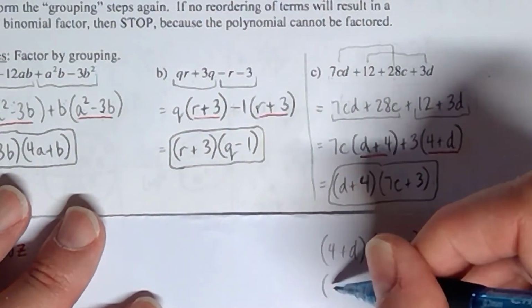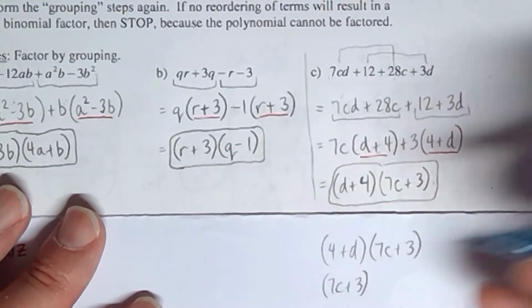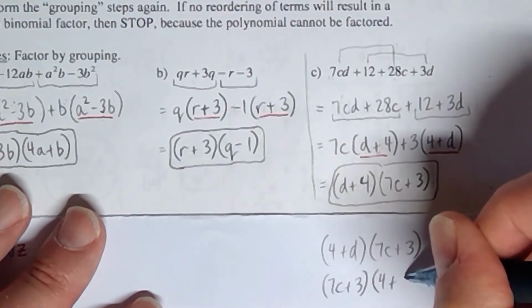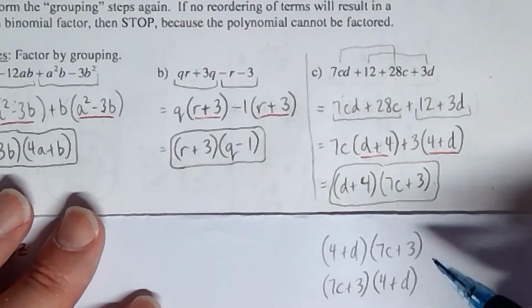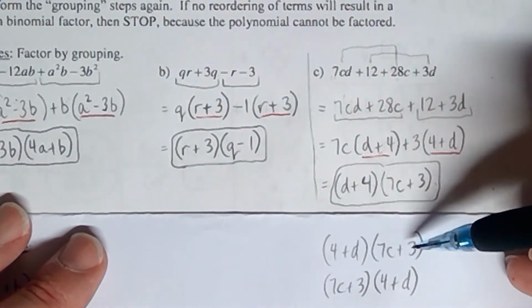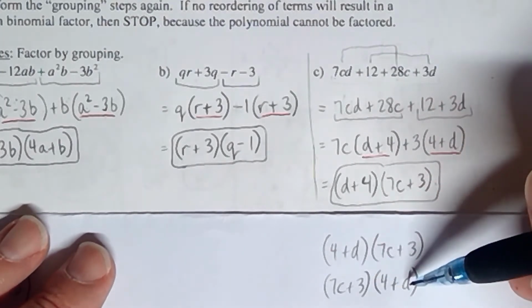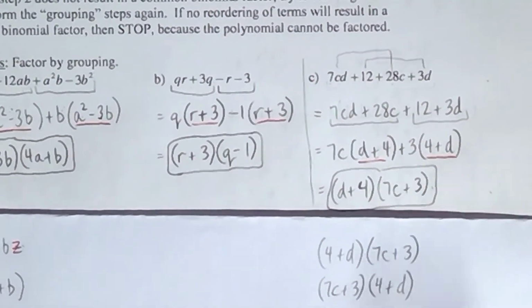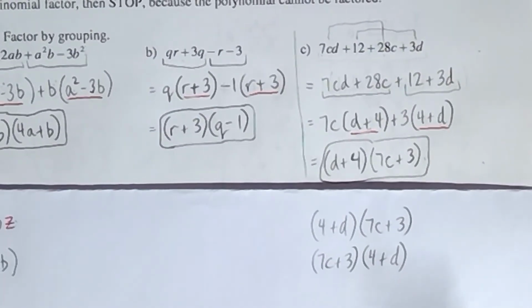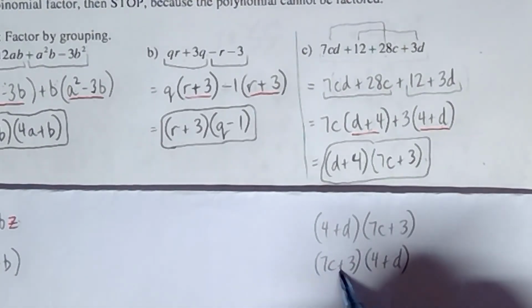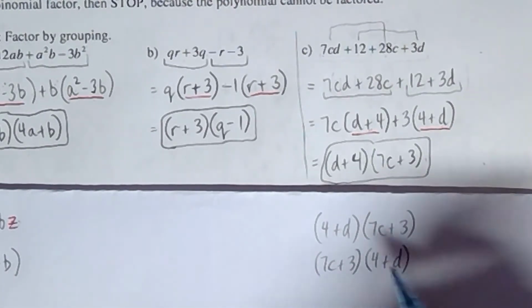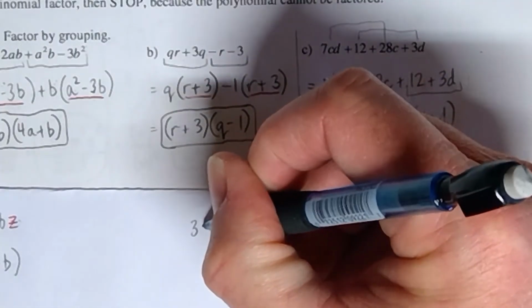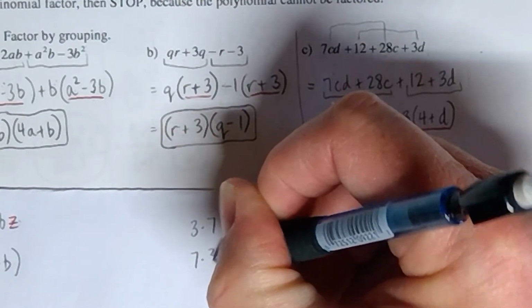What if it said 7C plus 3 times 4 plus D? That's also okay because it is the same thing as this answer, which we already know is correct, except that we reverse the brackets. But when you're multiplying any two things, whether it's two numbers or in this case two brackets, the order doesn't matter as long as it's the same two brackets. You know how 3 plus 7 and 7 plus 3 are the same answer?